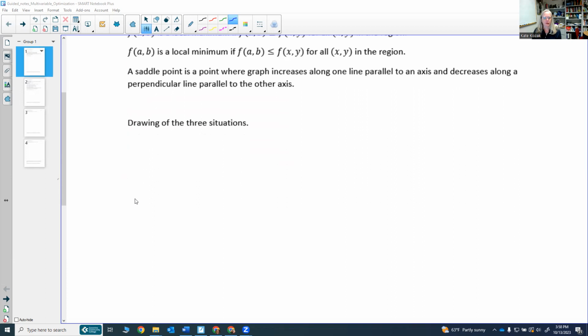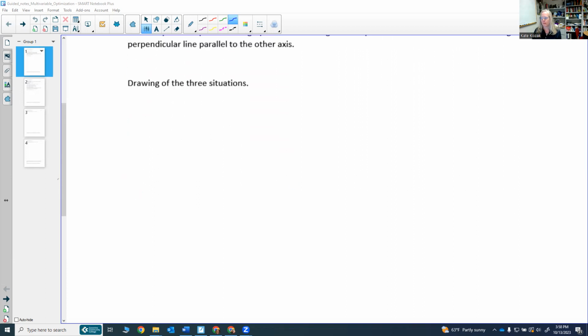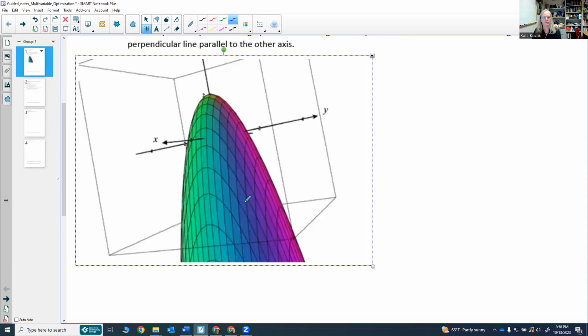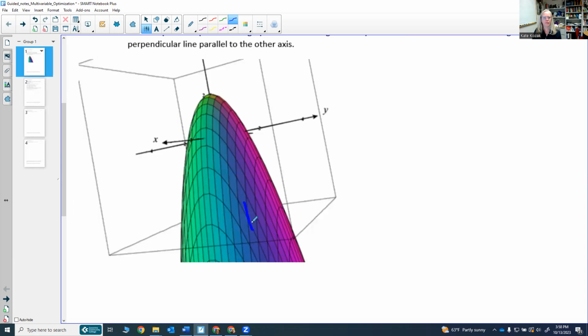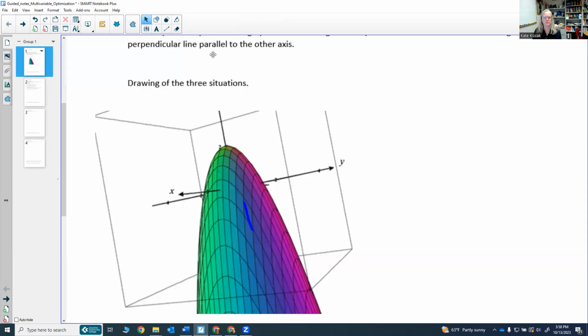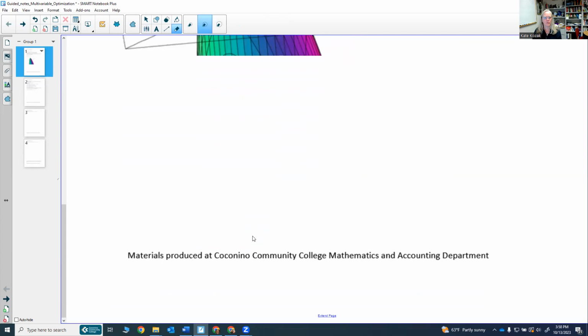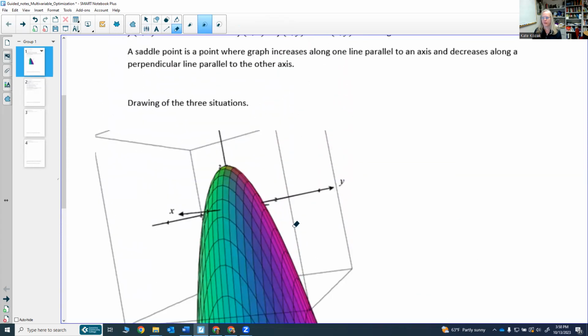So here's a drawing of the three situations. This is a local maximum. Think of the top of an umbrella as a local maximum.